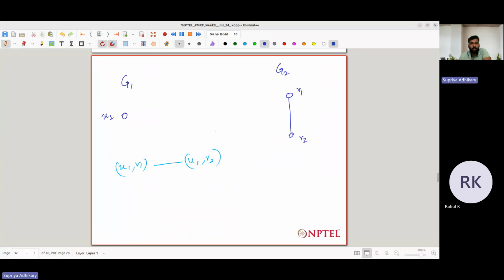And similarly, consider one edge V1 U2 in G1 and V1 in G2, then that will generate an edge U1 V1 to U2 V1. And this will be completely different from this one.